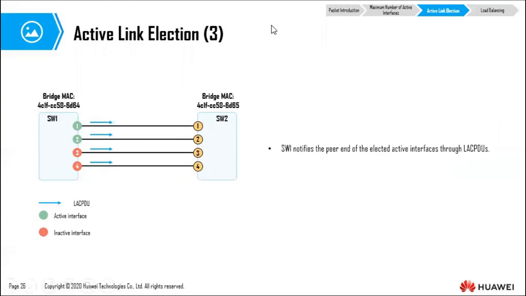Then switch 1 notifies the peer end of the elected interfaces through the LSCPDUs. When it tells this one, then this one will make the decision to choose these two as active, and it's going to inactivate 3 and 4.